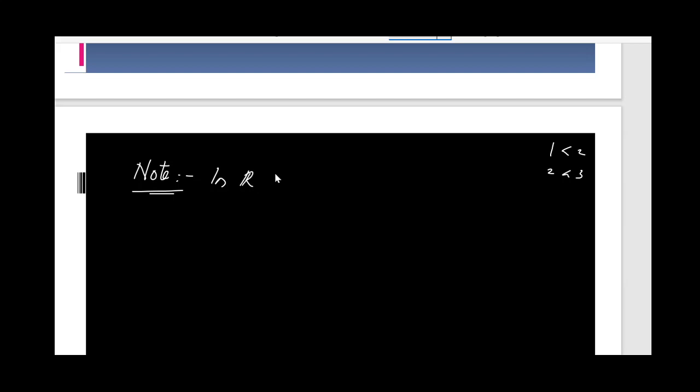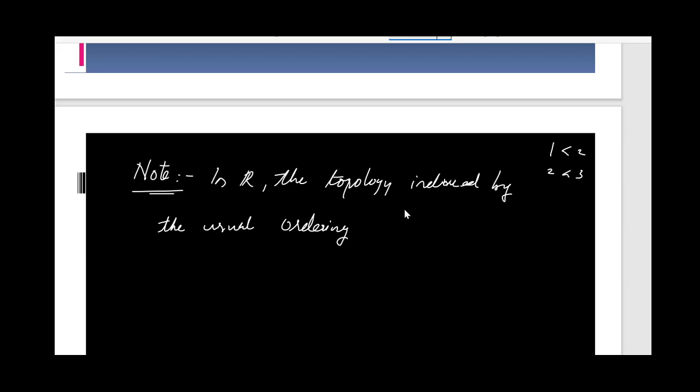In R, the topology induced by the usual ordering coincides with the usual topology.